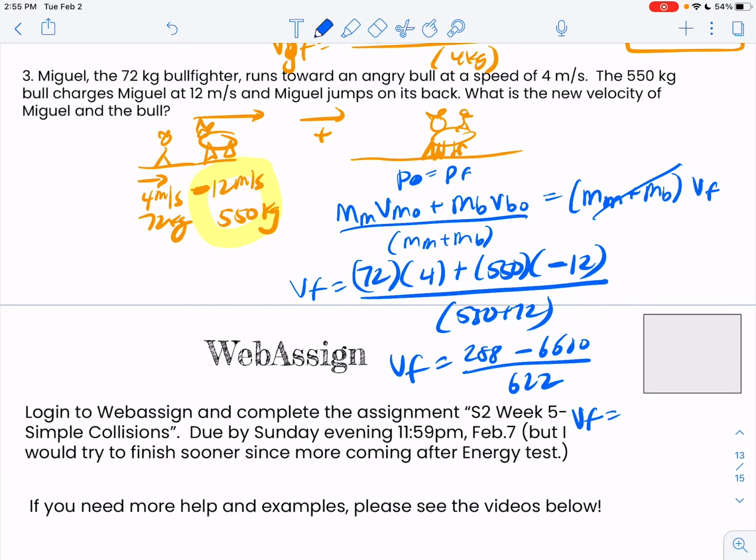So then the final velocity is going to be minus 288 divided by 622, negative 10.1 meters per second. Because that's negative, and I'm expecting it to be negative. All right, there you go.